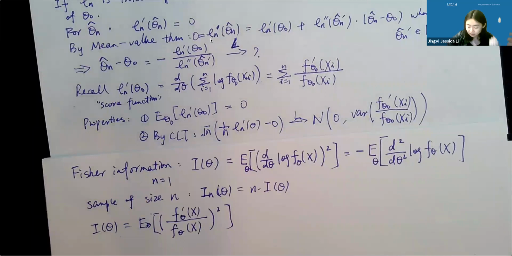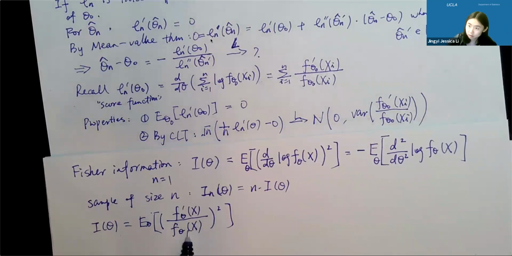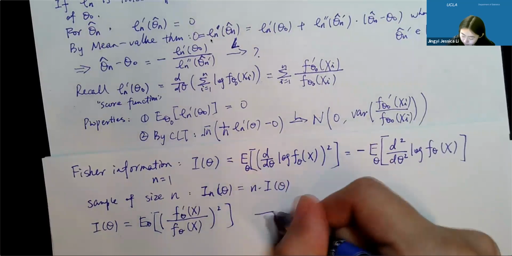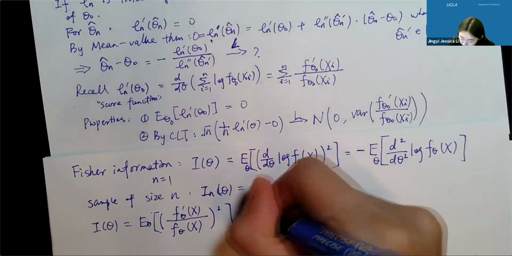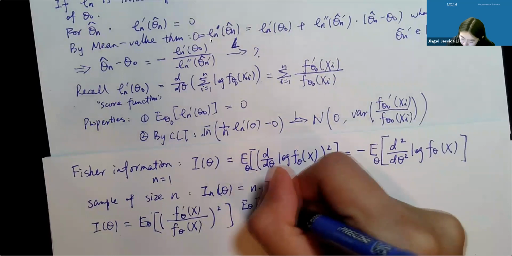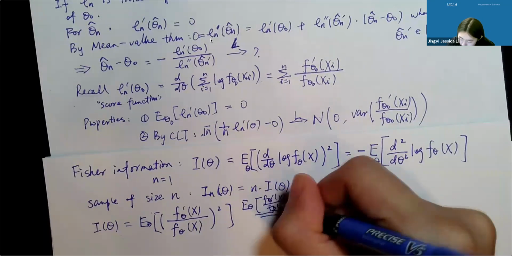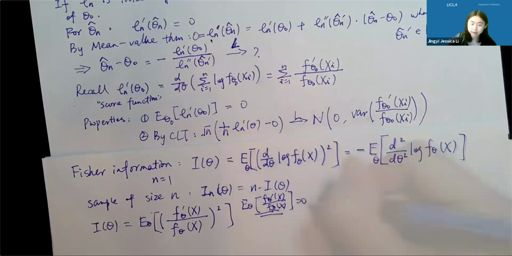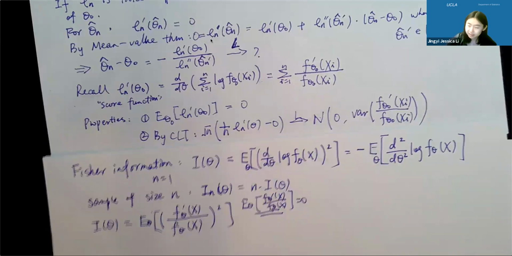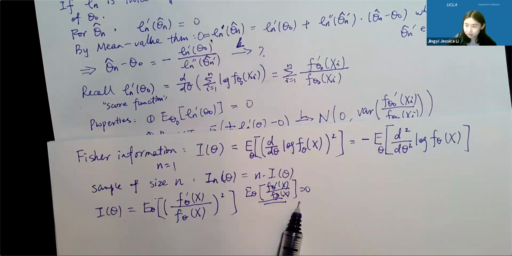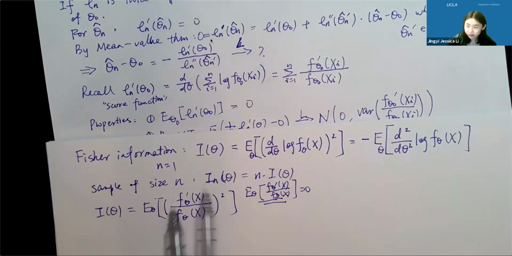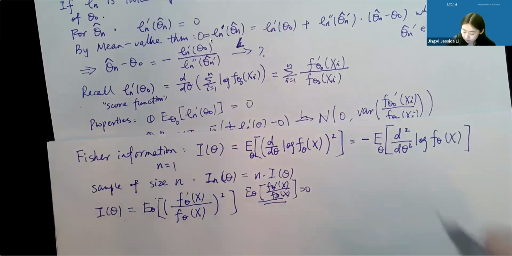Okay, and also I know this term has expectation 0. I know the expectation under theta of f theta prime x over f theta x has 0 expectation. So when the expectation is 0, the expectation of the square is equal to the variance.